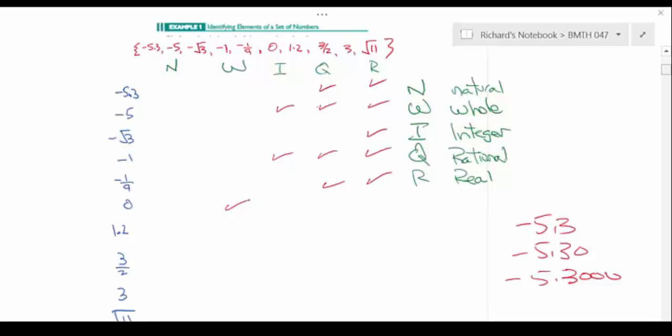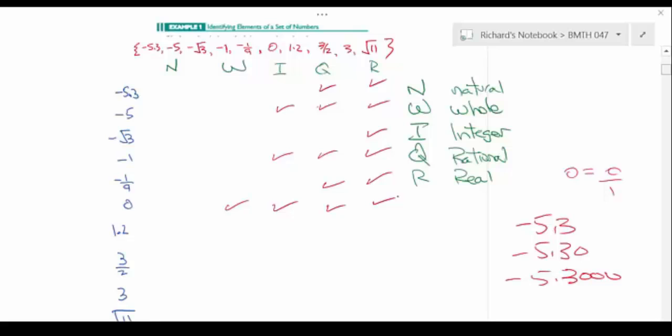And because 0 is a whole number, it means it's contained in all the other sets. They're all contained one within the other. 0 is an integer. We've seen that on a number line. And it's also a rational number because you could say 0 is the same as 0 divided by 1. So 0 actually is a rational number.